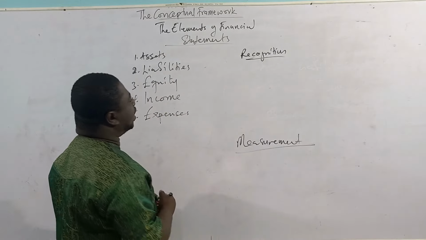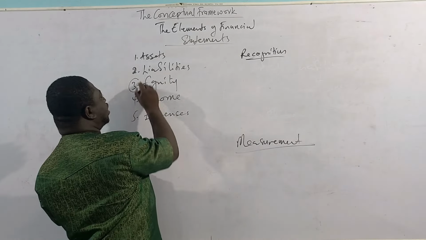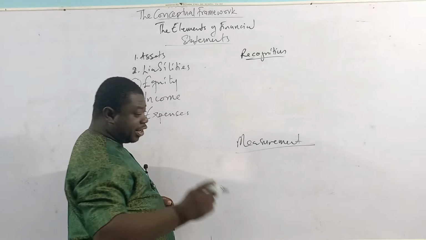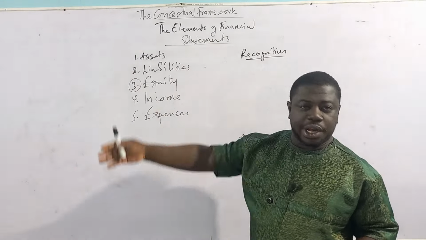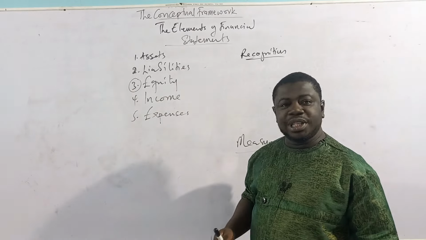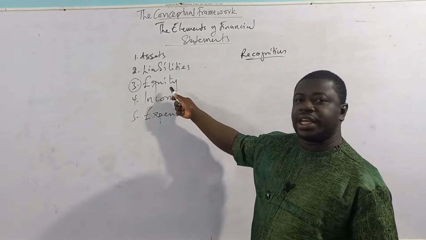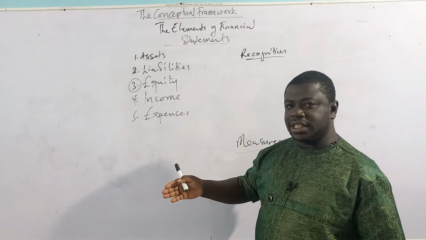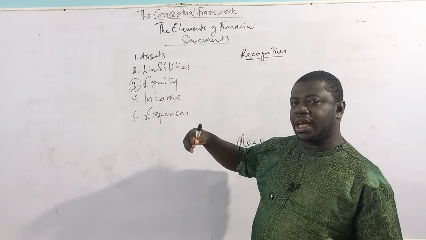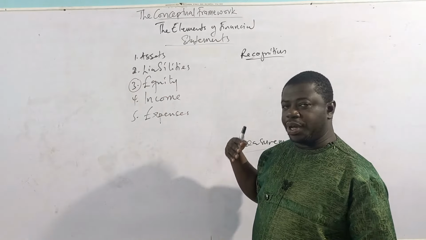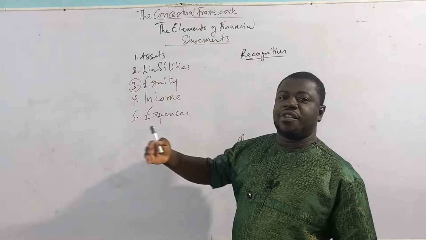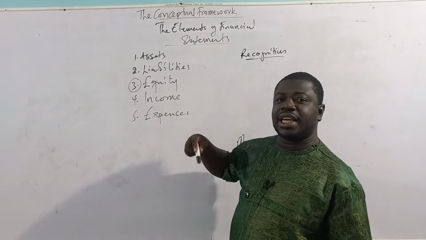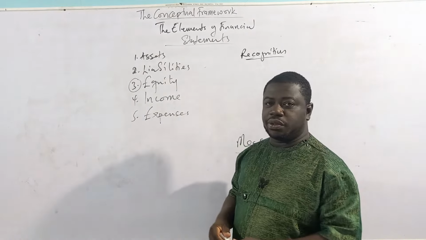Now, take note that the equity is coined from liability. I've explained to you from the business entity concept that equity belongs to the owners of the business. And these owners, if you apply the business entity concept, are separate entities from the organization. Therefore, whatever money they have provided, we see that they are also like creditors to the business.